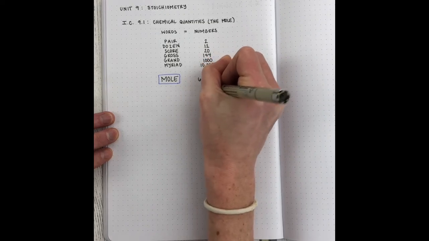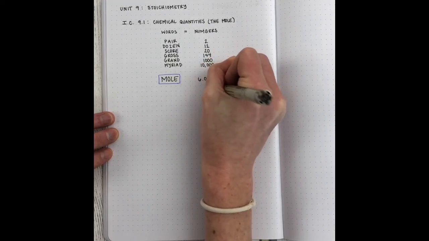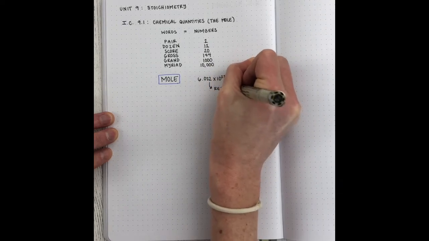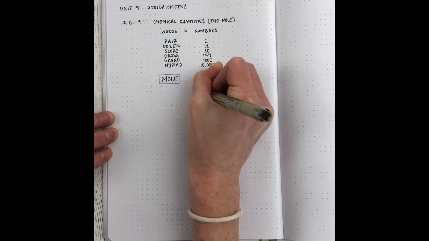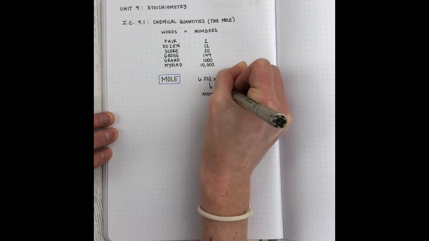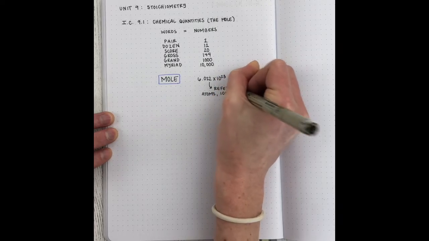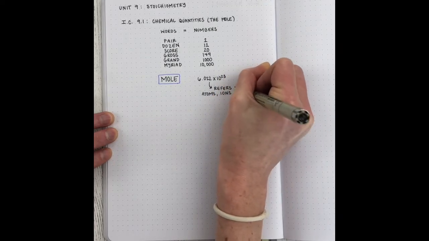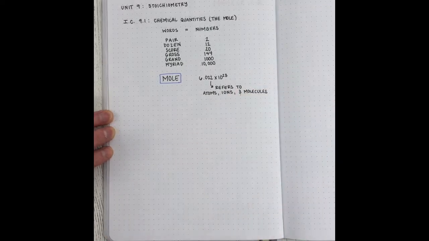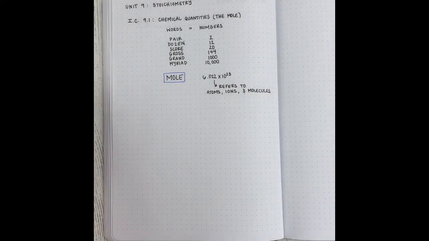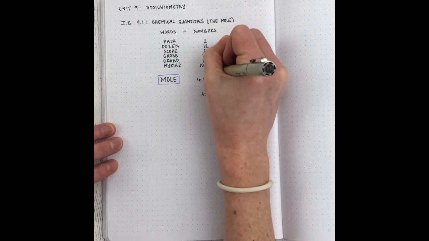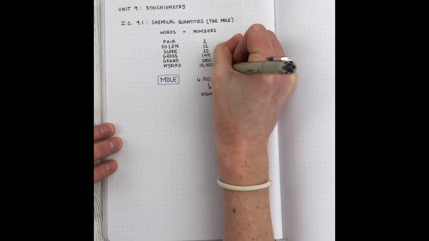When we're talking about a mole, we're usually talking about atoms, ions, or molecules. And keep in mind, these things are tiny. So if you have a mole of something, you have 6.022 times 10 to the 23rd of that thing. If I had a mole of marshmallows, I would be able to cover the entire earth in marshmallows miles deep.